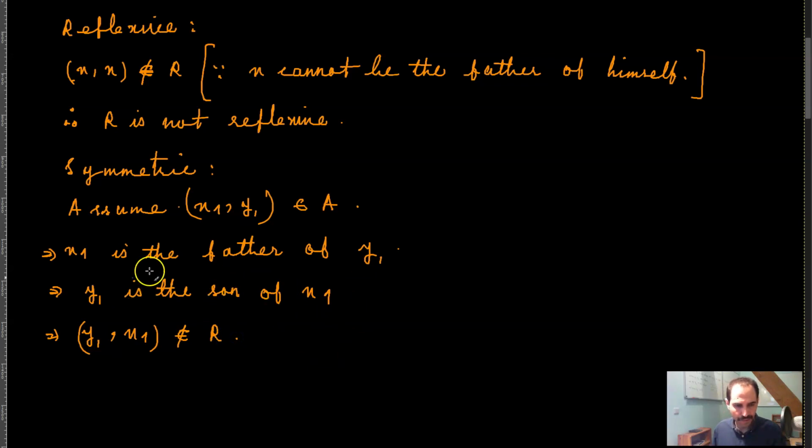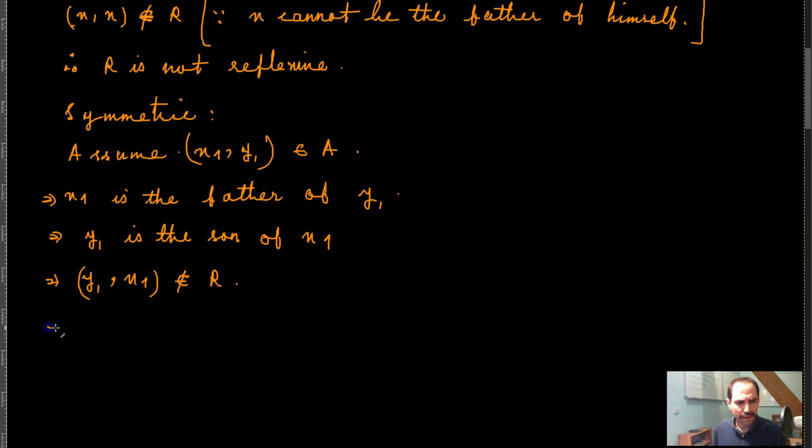So if you could prove that y1 is also the father of x1, then y1 comma x1 would belong to R. Otherwise, you cannot say that y1 comma x1 belongs to R. Which means that R is not symmetric.